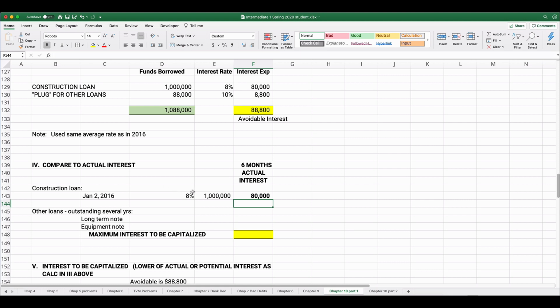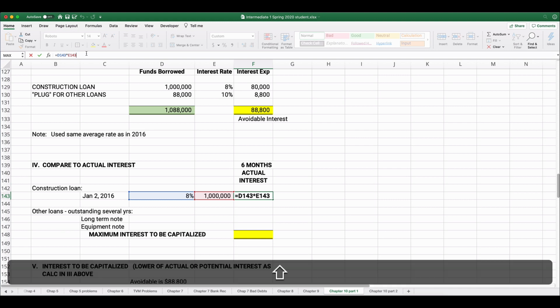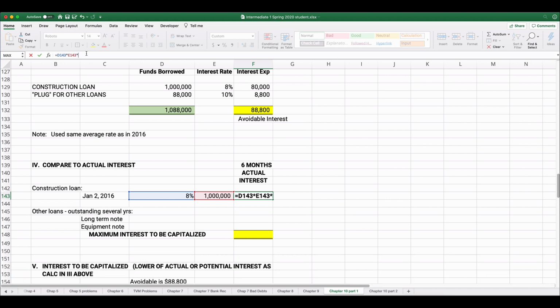So we're going to take the 1 million times the 8%. It's only from January through the month of June, 6 months. So we need to multiply this times 6 divided by 12. Okay, so it's only going to be 40,000 interest for the 6 months.